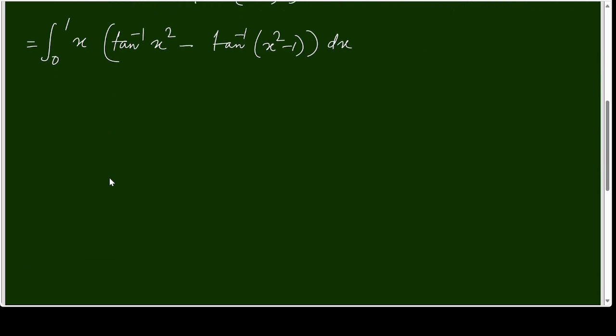Next step, let me take x square as t. Differentiating, I'll get 2x dx equals dt. Here I have x dx only, not 2x, so this will be half dt.